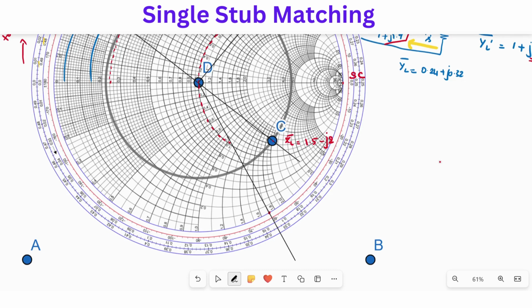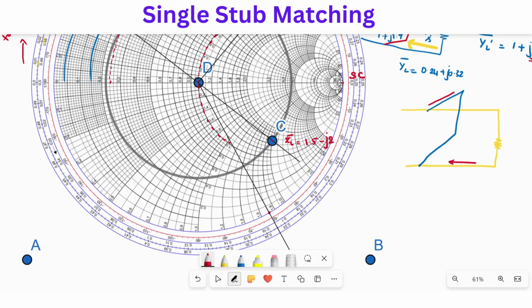Now since we are moving on the stub, just listen carefully. Before, we used to travel on our main transmission line, that is why we were traveling towards the generator. Now a stub is placed across the transmission line. Stub is also a transmission line.